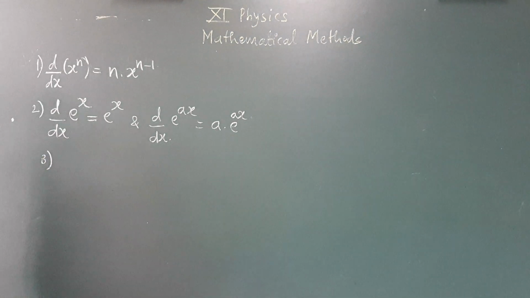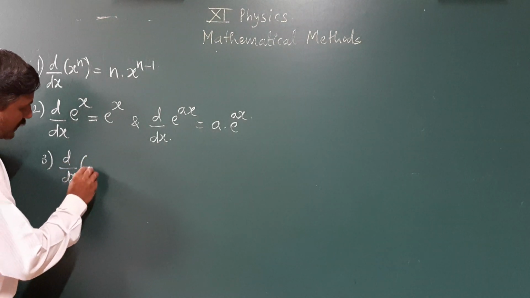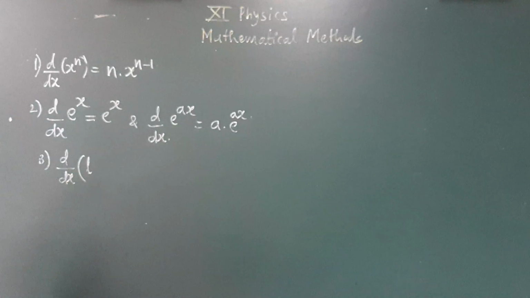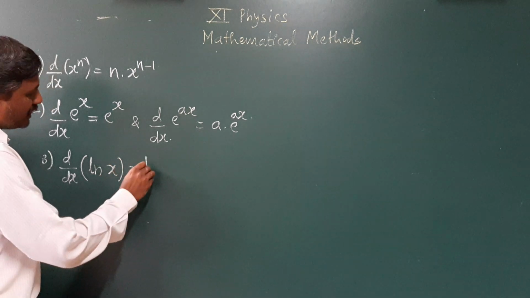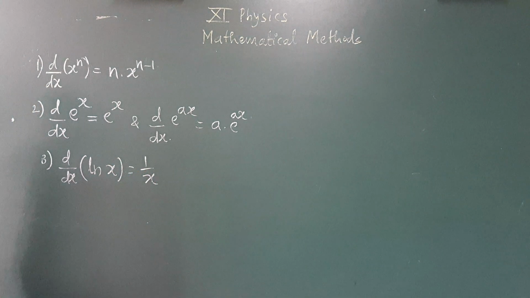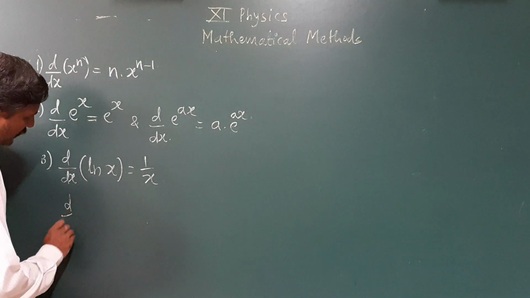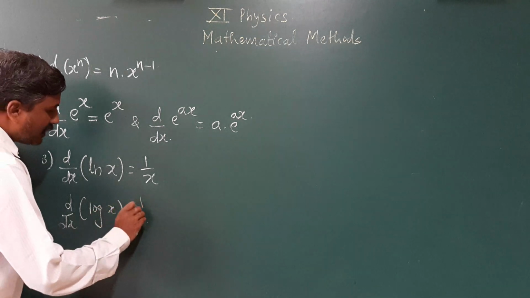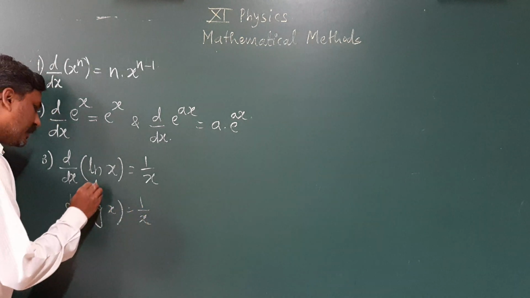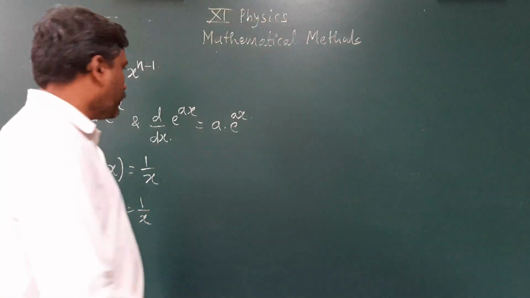Now the third is most important. d by dx of, in the book it is given in this way, ln x equals 1 upon x. What is this ln x? This is the same. d by dx of log of x equals 1 upon x. Log is expressed as ln. So don't be afraid about this.